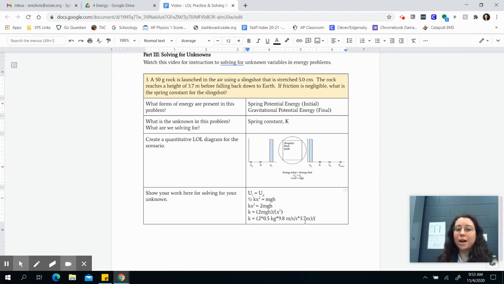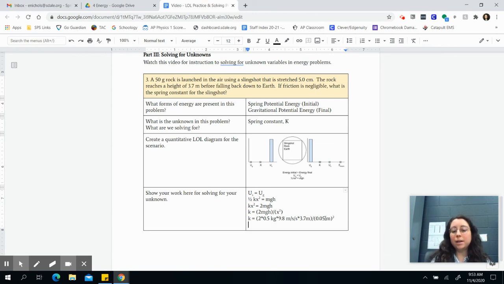Now x, if you have forgotten, is how much your spring or stretchy material is being stretched or compressed. They're telling us that the slingshot is stretched by 5 centimeters. Remember, it has to be converted to meters. So we divide by 0.05 meters, and we need to remember to square that value.